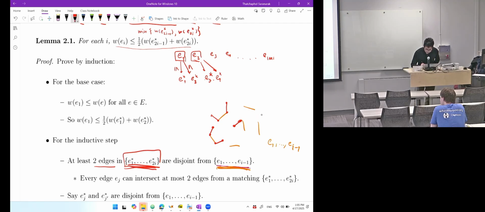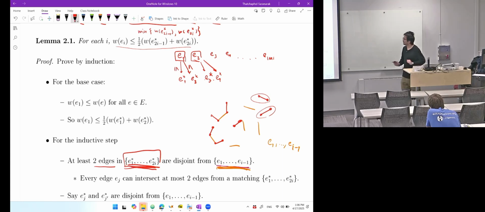But there's going to be at least two edges that are disjoint from all the orange edges. And the reason is just that there are i minus 1 edges here, there are 2i edges here. But if you look at each edge from the orange set, it can intersect at most two red edges.